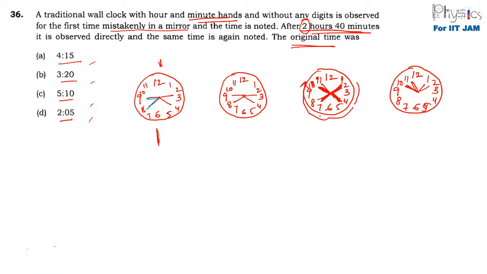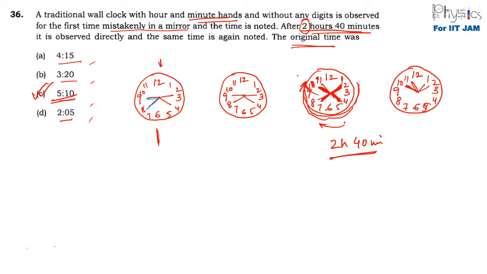So the total difference between minute hands is 40, and the total difference between our hands is 5 and 7, that is 2, right? So the difference is 2 hour 40 minutes. So our correct answer should be option C, 5:10. The original time was 5:10.